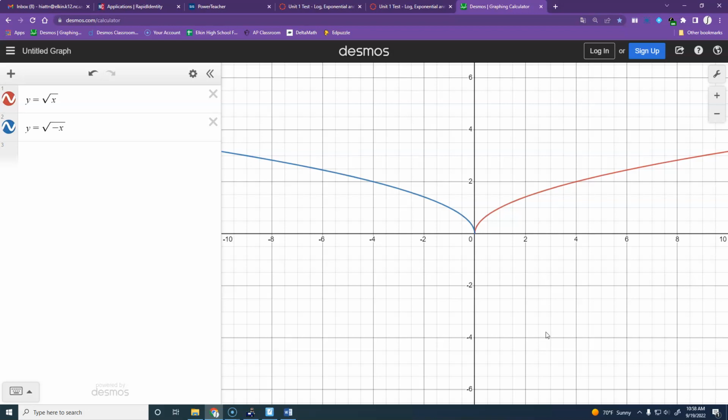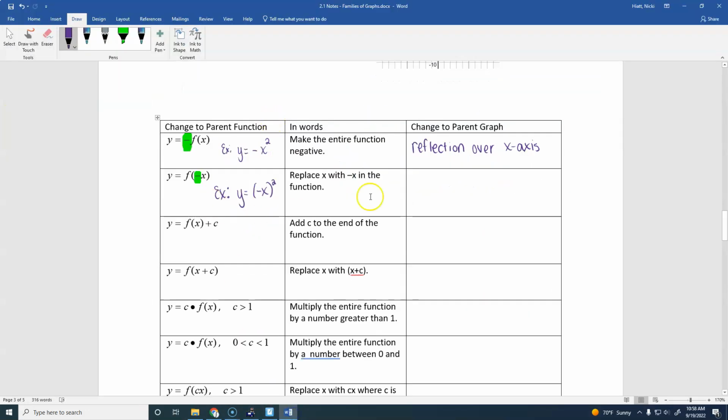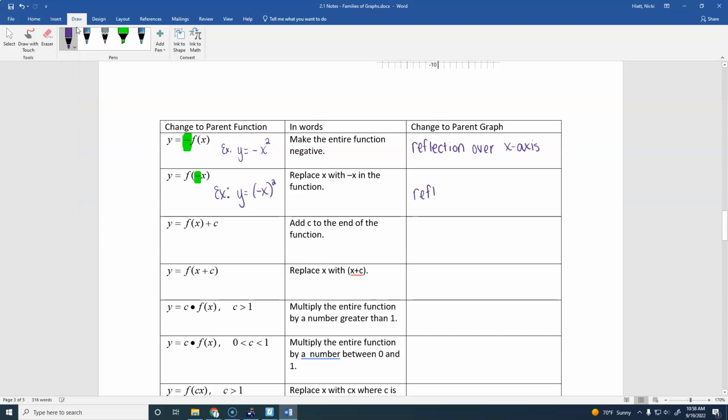Flipping it upside down almost always makes a difference as long as you're starting with a function. But sometimes for these, it actually doesn't look any different. So this is a reflection over the y-axis.